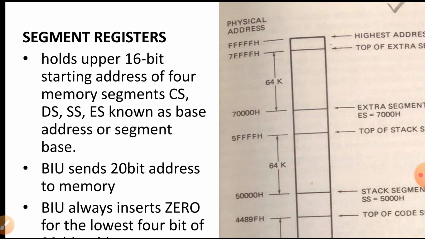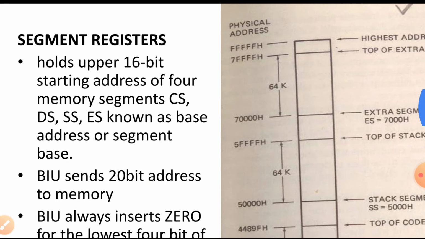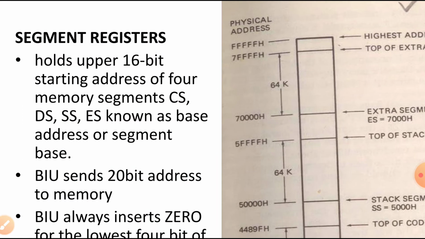So we divide the whole memory which is accessed by the microprocessor into these different segments, and each individual memory location of the memory chip will be assigned a 20-bit address. Now, this 20-bit address is made from a higher 16-bit address and a lower 16-bit address.